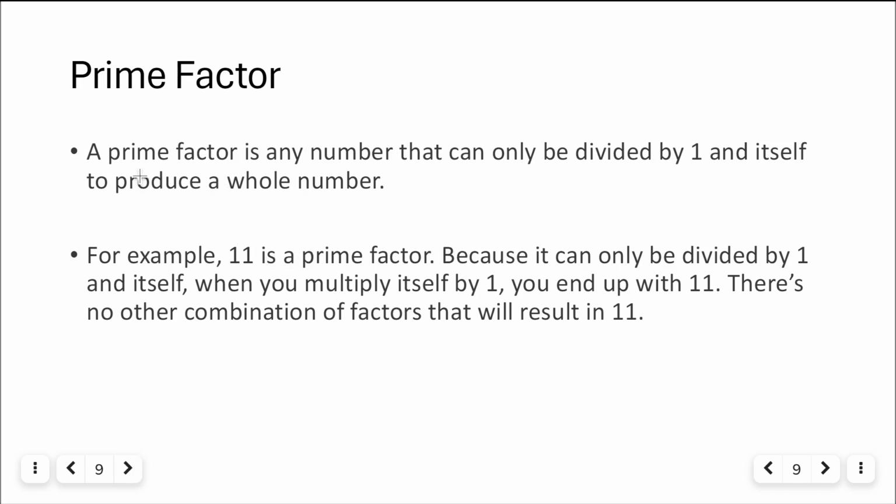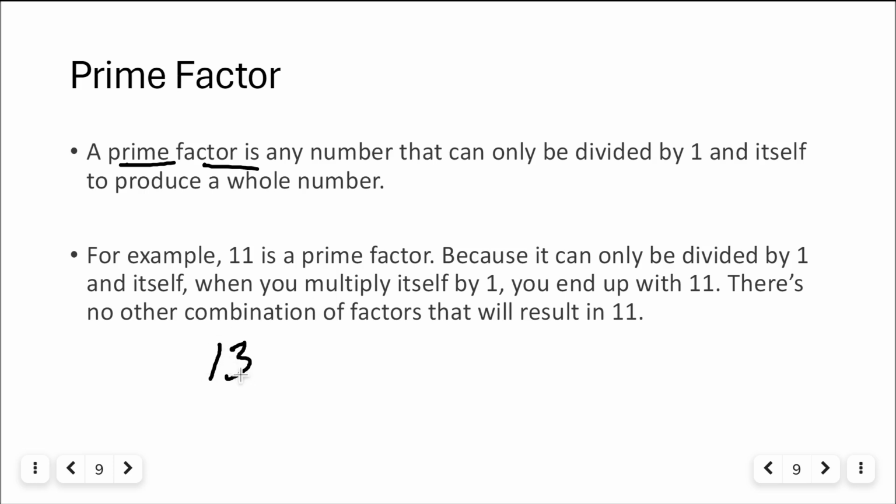A prime factor is any number that can only be divided by 1 and itself to produce a whole number. So, for example, let's say 11 is a prime factor because it can only be divided by 1 and itself. When you multiply itself by 1, you get 11, and there's no other way to get 11.